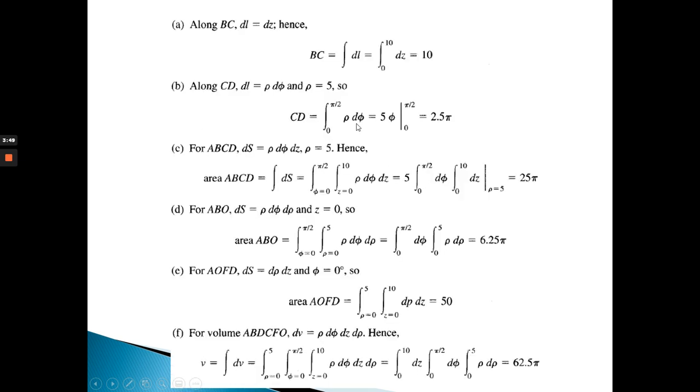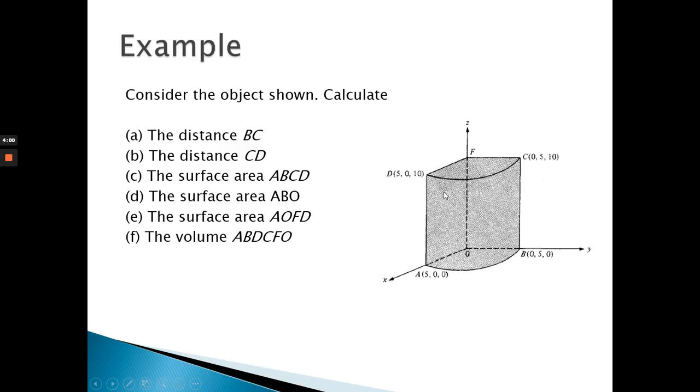Now we need to find what rho is. Rho is 5. How? I will not tell you how to find rho, because you know already: if the coordinates are given, you can convert them to rho.